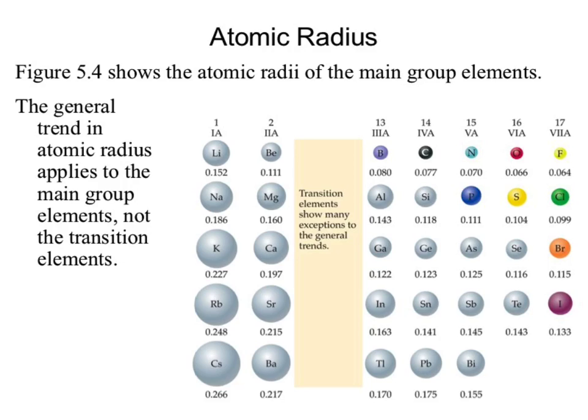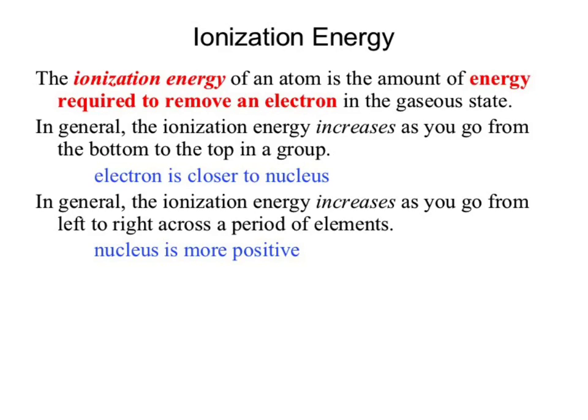Which one's closer to getting ripped away from the atom? Cesium, which means to get ripped away from the atom, I have a very small leap to go. Whereas if I look at lithium, I have a much larger leap to go because I have to clear all those other energy levels before I can get out of the atom. That means when I look up and down a column, if the electron is closer to the nucleus, it becomes a higher ionization energy, so it increases.